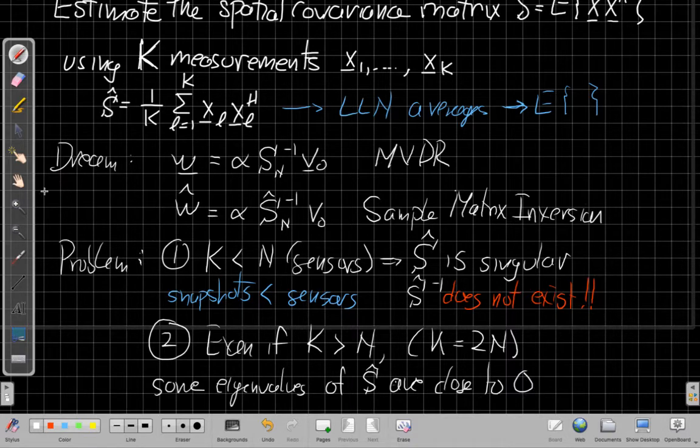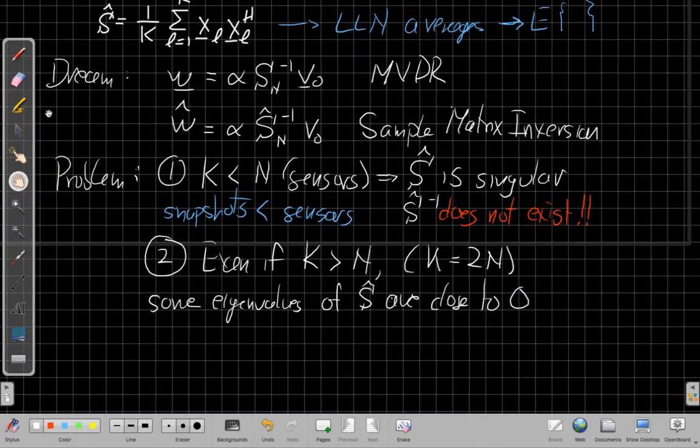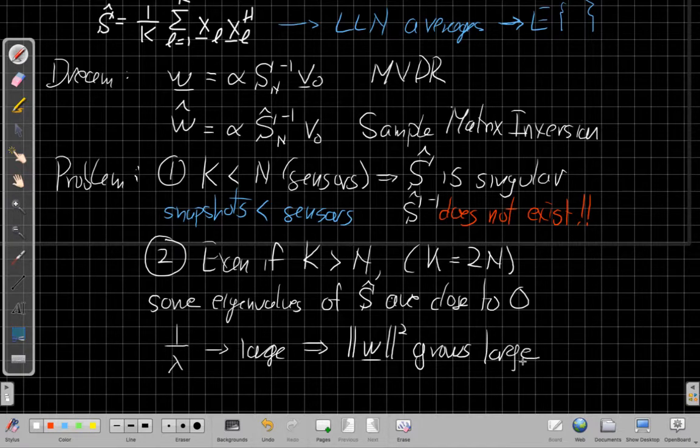So when I invert them, 1 over lambda gets very large, and the net result is that the norm of my weight vector grows large. I end up having a very large norm squared of my weight vector, which means my white noise gain is going down.